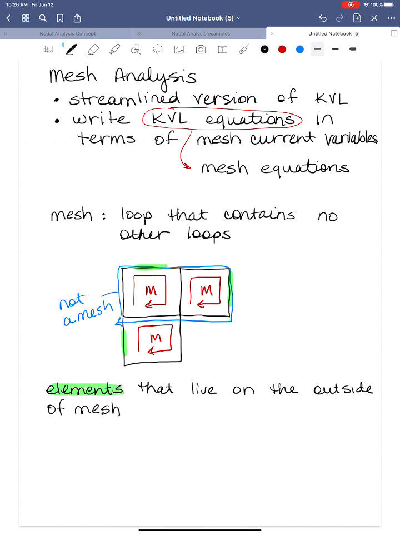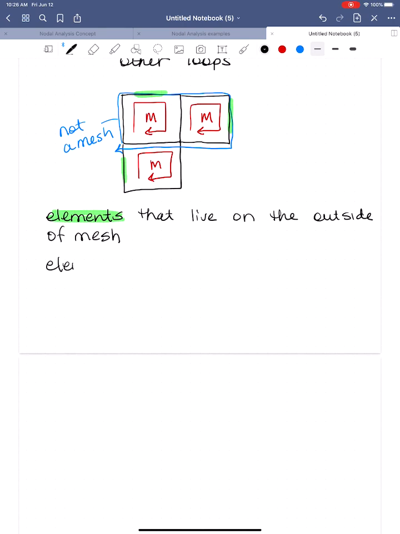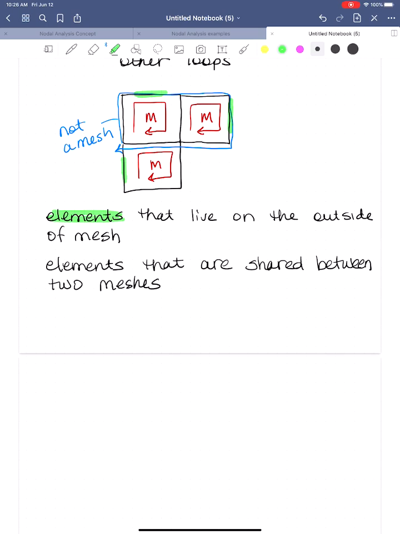Then we have elements that are shared between two meshes. Okay, I'm going to go back to the highlighter and I'll use yellow here. So that's like this element, this element, this element. Those are shared between two meshes, okay?